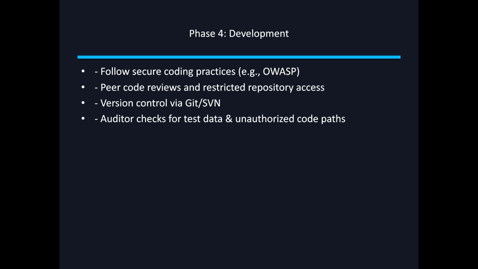Also make sure that developers don't have access to the production code, because this is defined in the segregation of duties, and only, let's say, the team lead or manager of that project has access, and not every developer.